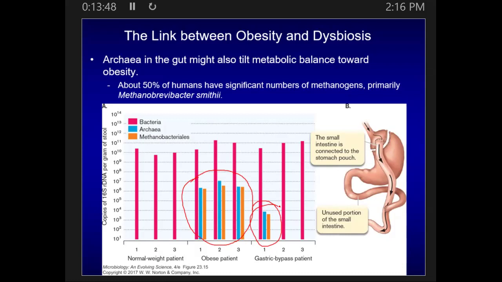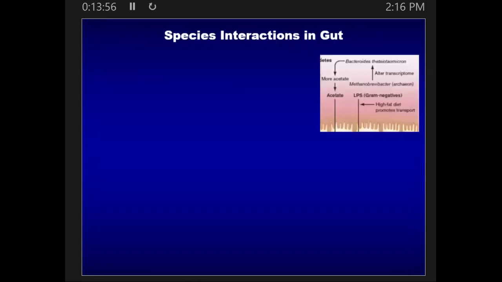But certainly, there's many of us that have different archaea type microbes in our gastrointestinal tract. It's not unheard of.